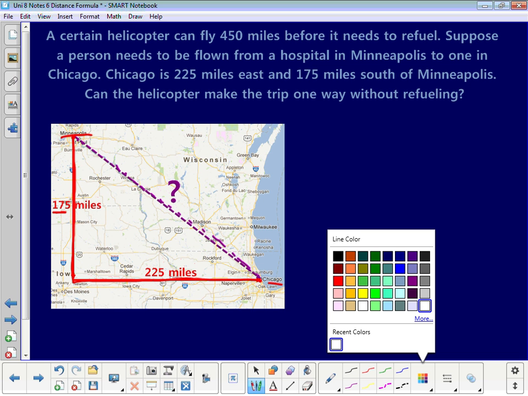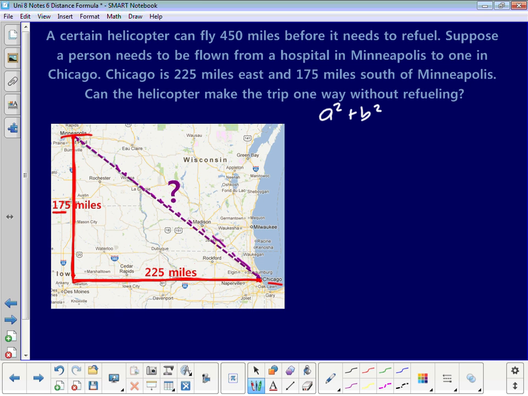To use the Pythagorean theorem, we know that we need a squared plus b squared equals c squared. We can use our two leg lengths, which are 175 and 225 for a and b, and we're trying to find the hypotenuse, which is c.